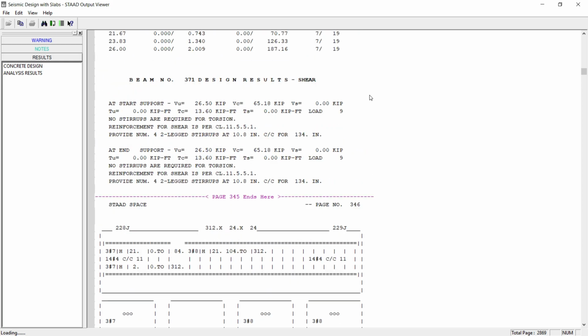Here is the result for member number 371.